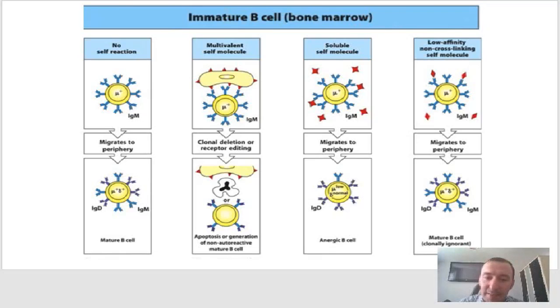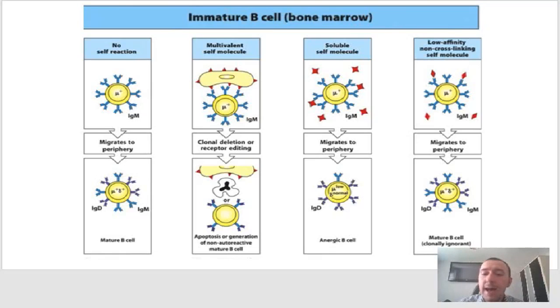When this happens, if it reacts against soluble self-antigen, it'll migrate to the periphery, but it will be programmed to become anergic. Again, this concept of anergy is where the B cell, even if it's stimulated by the self-antigen, will not result in an immune response.